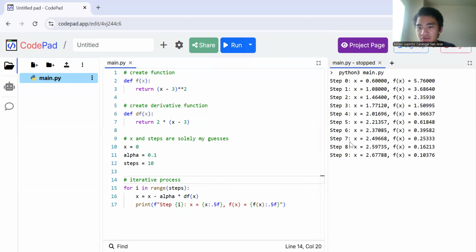And here we see, oh, so we start from 6. We keep going. And by step 9, we get to 2.6. So we're actually getting extremely close to 3, right? And we can actually plot this.